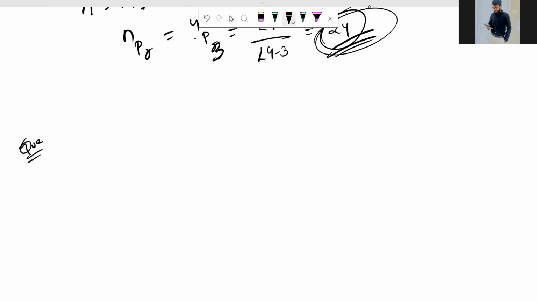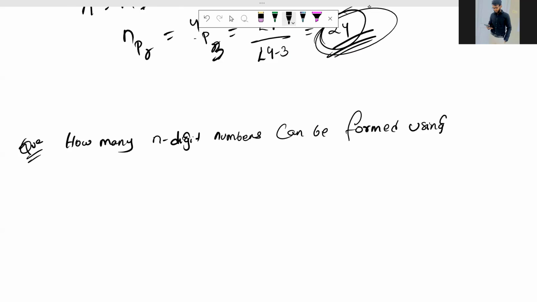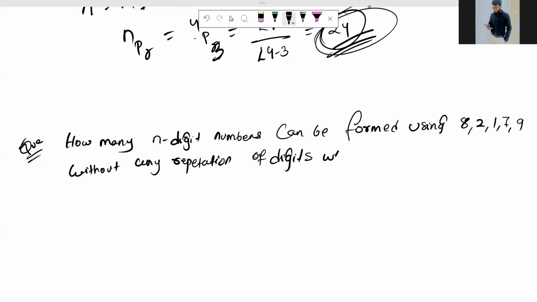How many n-digit numbers can be formed using 8, 2, 1, 7, 9, without any repetition of digits, when n equals 4, n equals 5, and n equals 3?